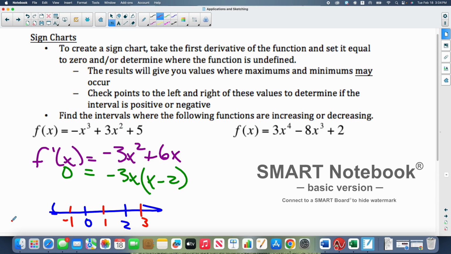Again, I'm not concerned with what these numbers are. All I'm worried about is if they're positive or if they're negative. If I plug negative 1 in, negative 1 times negative 3 is a positive. Negative 1 minus 2 is a negative. So I have a positive times a negative. So that's negative.